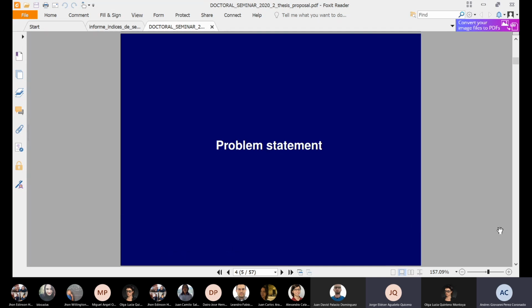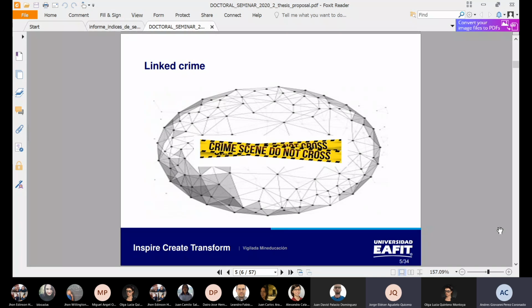Problem statement. Right now, crime events and crime networks are really related, are linked. This picture is just to show how this graph is relating around the world, how criminal networks are linked between them, and they produce a lot of crimes in different points.